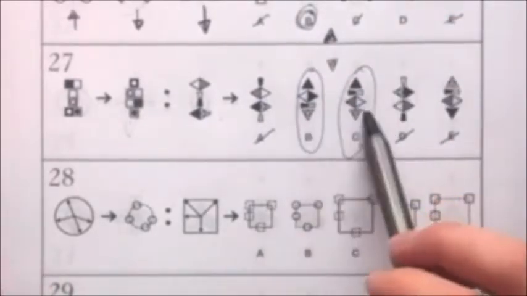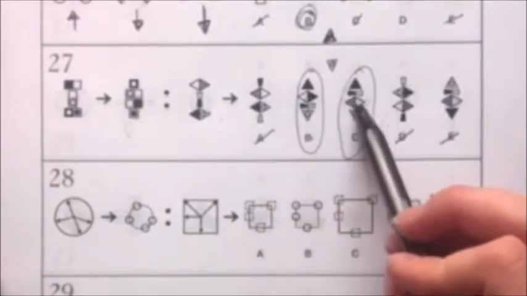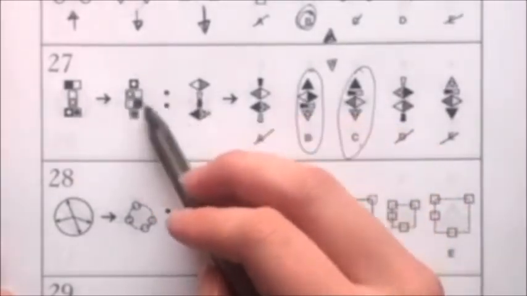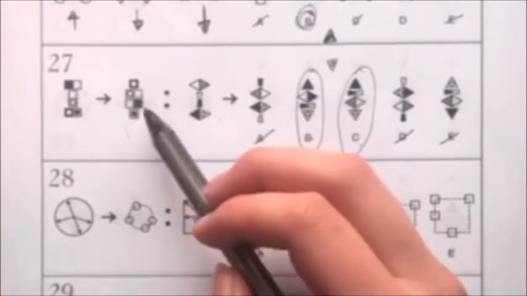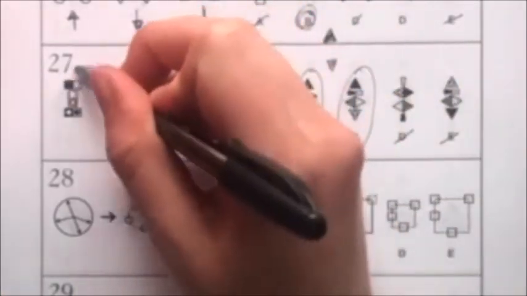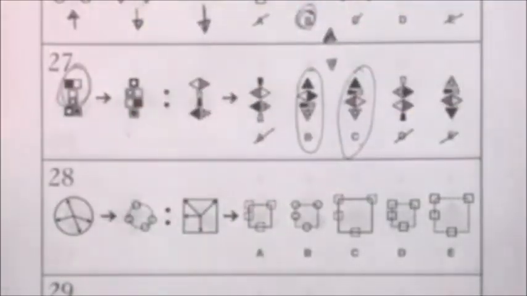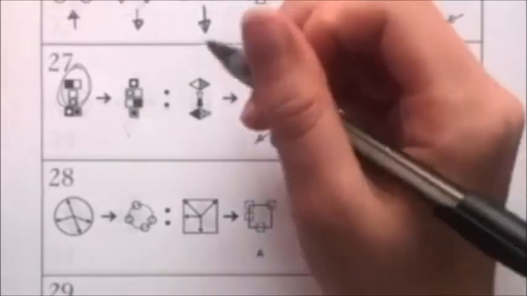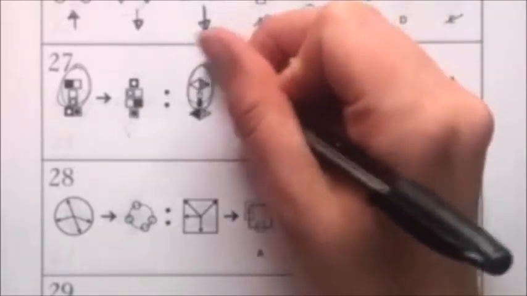So the differences between these are now the middle shapes. Okay, so what goes on in these middle shapes here? The middle shapes here are made up of these two top shapes. So therefore we'd expect this middle shape to be made up of these two top shapes.